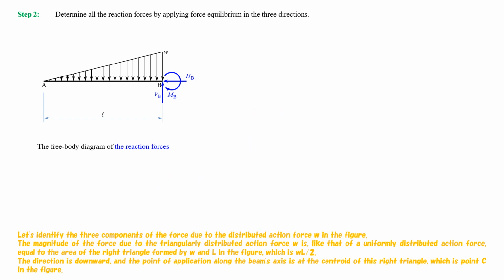Let's identify the three components of the force due to the distributed action force W in the figure. The magnitude of the force due to the triangularly distributed action force W is, like that of a uniformly distributed action force, equal to the area of the right triangle formed by W and L in the figure, which is W multiplied by L, divided by 2.